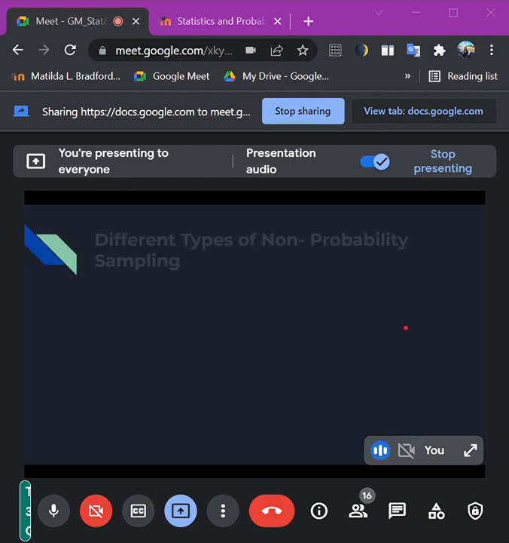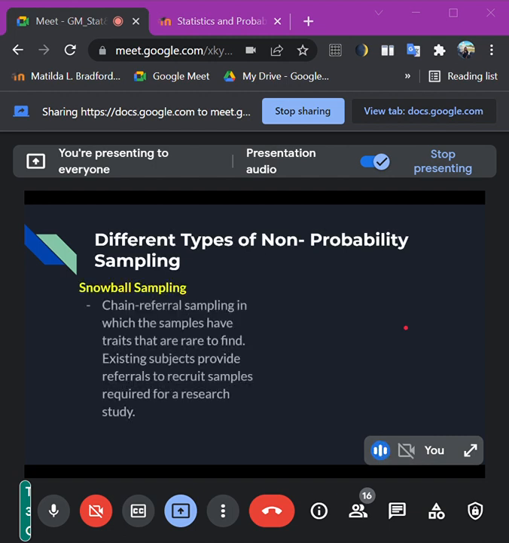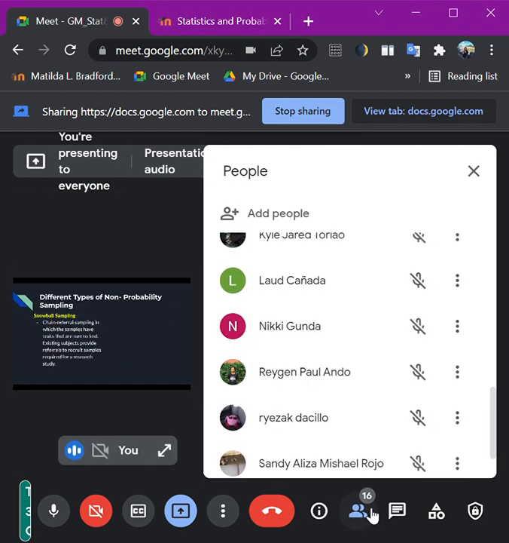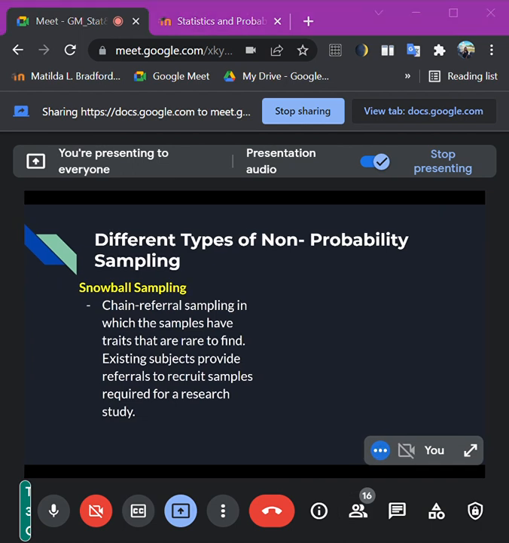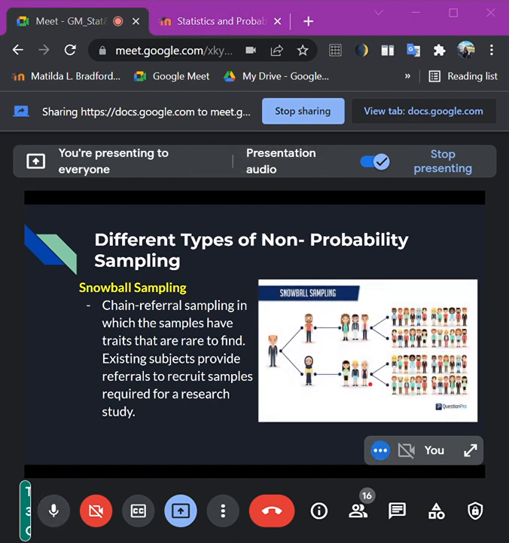Okay? And then for the next one, we have here snowball sampling. Snowball sampling, a sampling in which the samples have traits that are rare to find. Existing subjects provide referrals to recruit samples required for a research study.